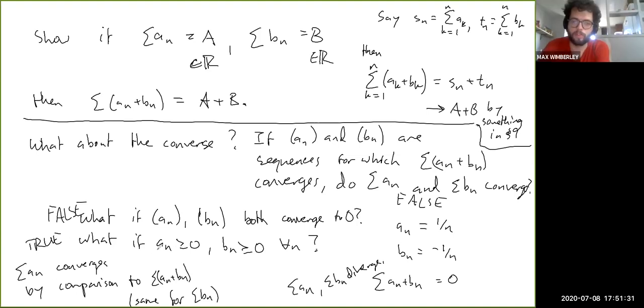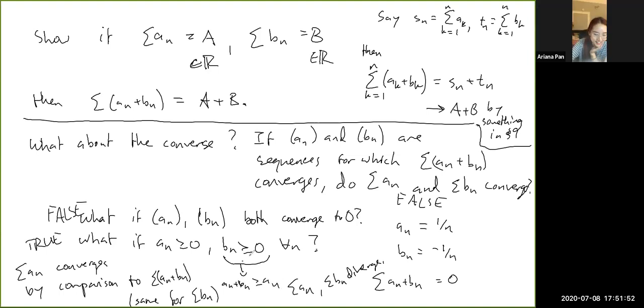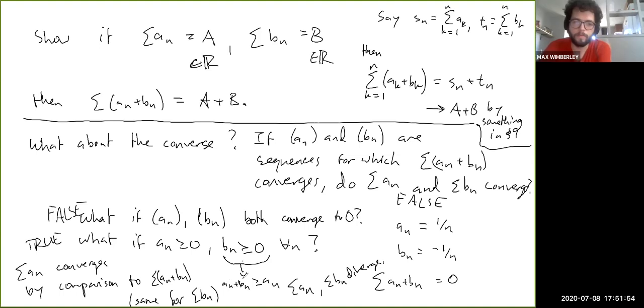It's bigger because we're assuming that a_n is greater than or equal to 0 and b_n is greater than or equal to 0. So if b_n is greater than or equal to 0, then a_n plus b_n is going to be greater than or equal to a_n.